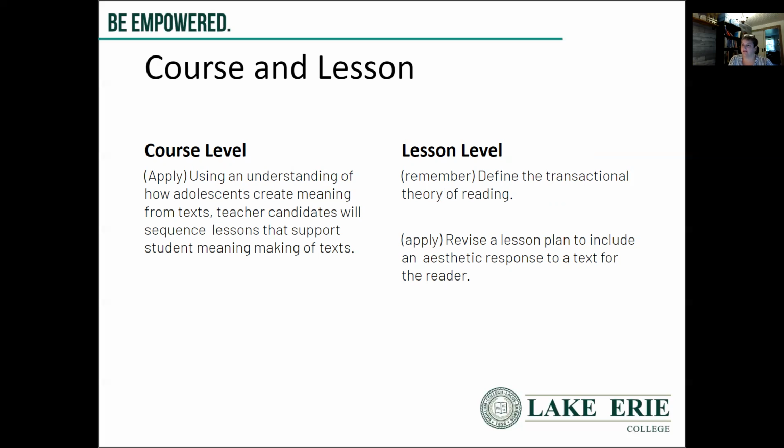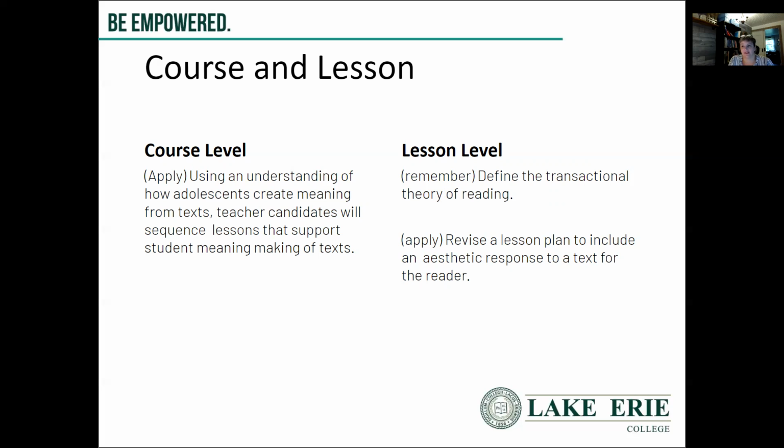And so a typical course level objective for me might say something like, using an understanding of how adolescents create meaning from text, teacher candidates will sequence lessons that support student meaning making of texts. So that's an application, because I'm asking them to actually apply their understanding of learning of reading theories, right?